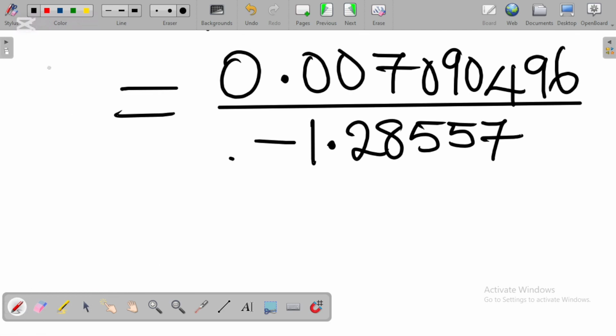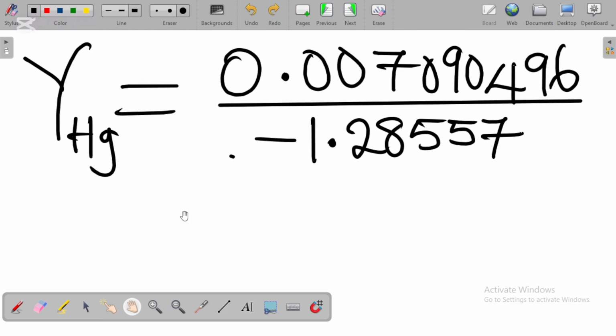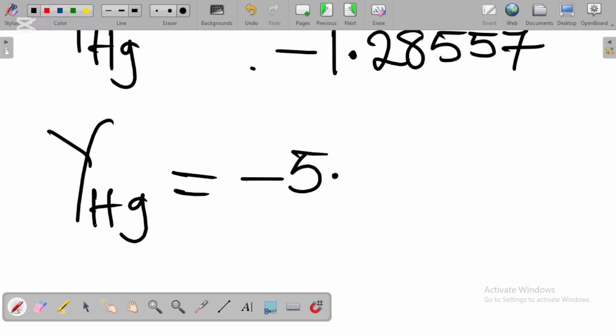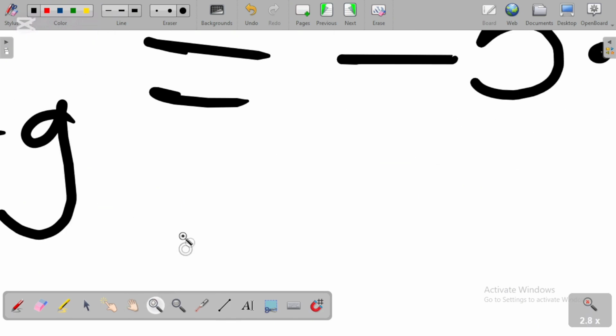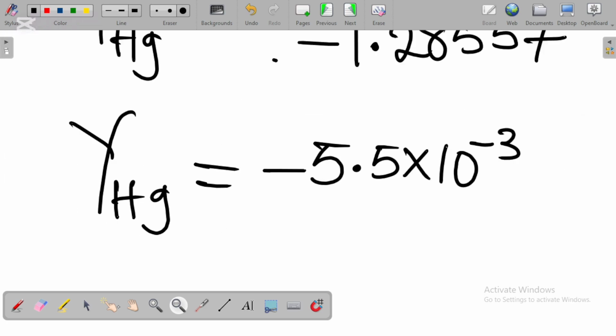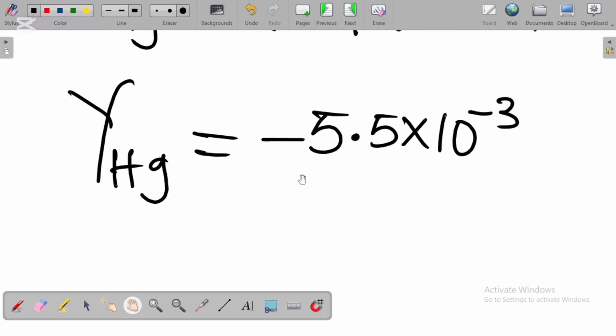And here we write the surface tension of mercury. So if you divide through, the surface tension of mercury will be equal to negative 5.5 times 10 raised to power negative 3. Alright, so this is the surface tension of mercury.